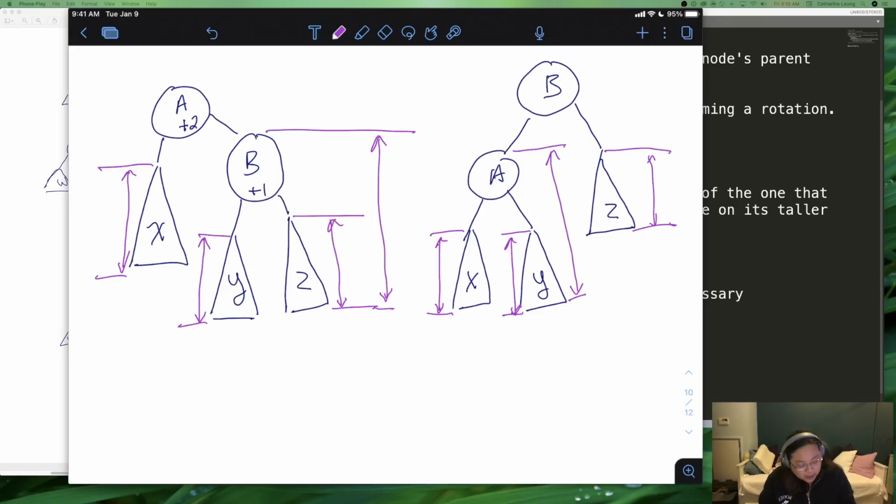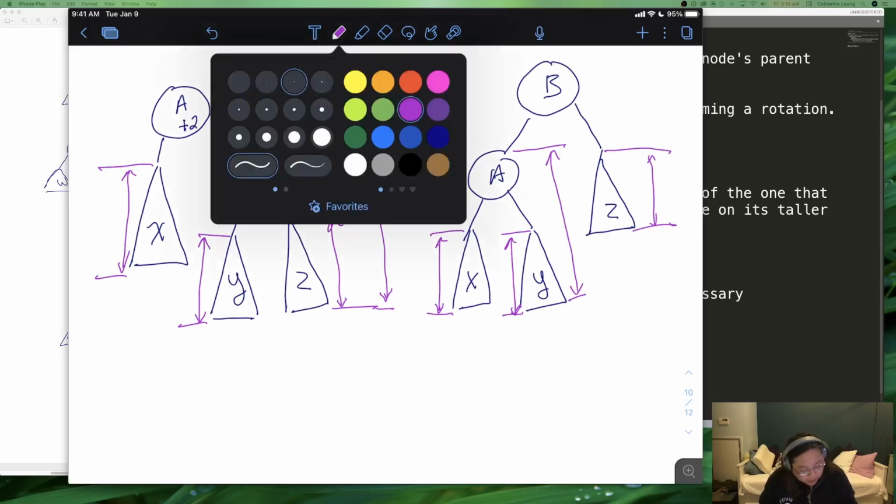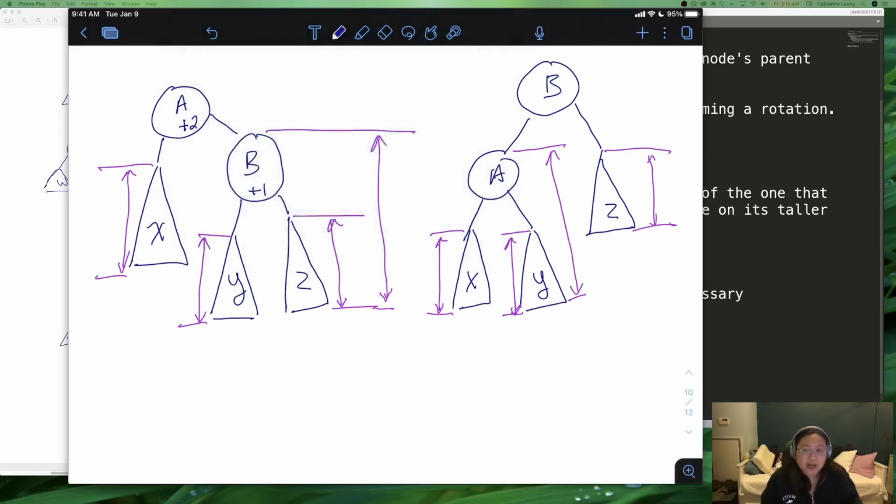In the case of a binary search tree, what we do know is that the way values are arranged is based on comparing the values within a subtree against a node, right? So for example, if I look at this diagram here, everything in the subtree X, every single value here, has to be less than A because it is to the left-hand side of A, right?